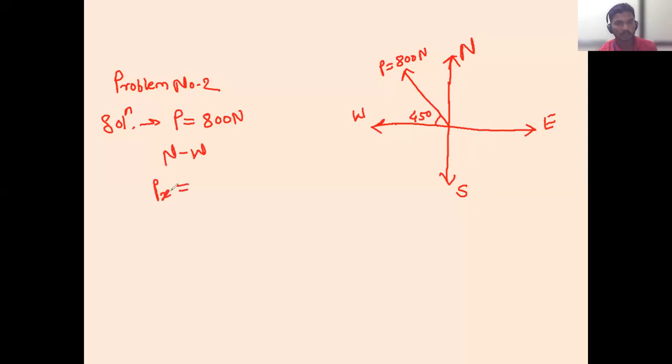So what will be its x component? Who will tell me the formula? Minus P cos theta, P cos 45. Meanwhile I will write minus P cos theta. What is the value of this? Minus 800 cos 45.